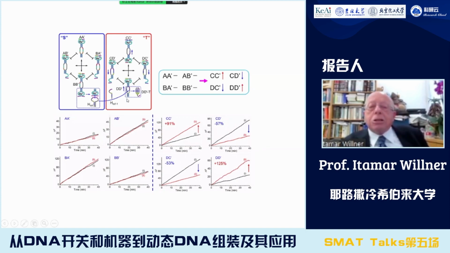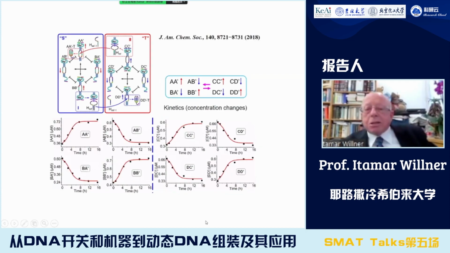If it stabilizes this B-loop region, it will upregulate, increase the content of this constituent, and these two will be downregulated. Nothing will happen on the constituents of the left side. This is exactly what happens. You see that DD prime and CC prime are upregulated, while the other two are downregulated.